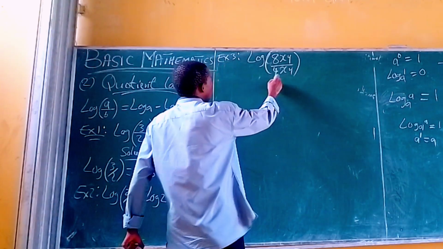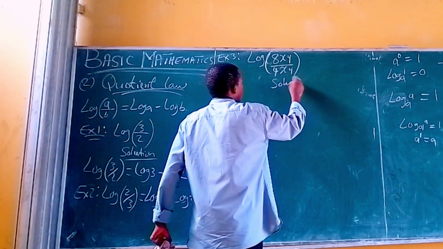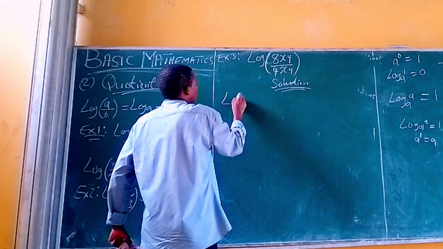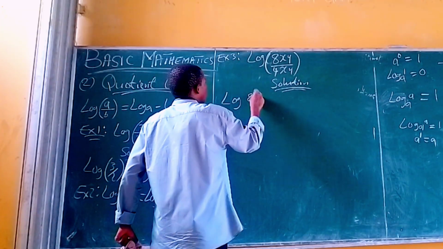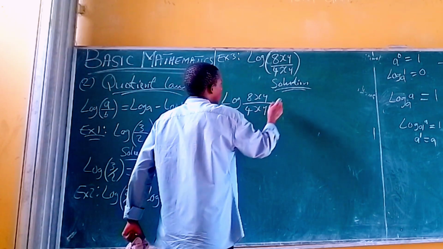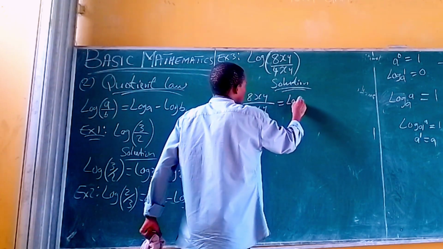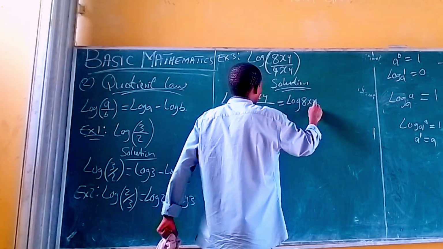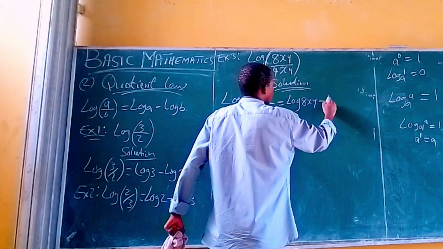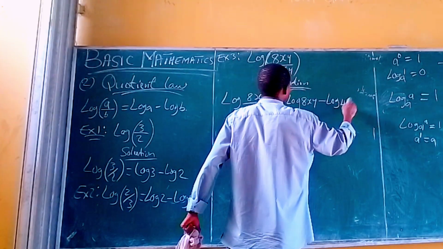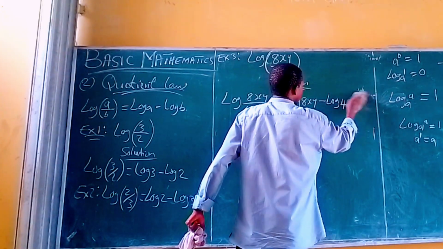What will be our answer? Let's look at the solution. We have log of 8xy, which gives us log 8xy minus log 4xy.